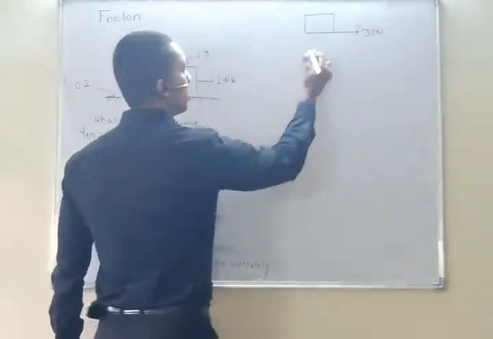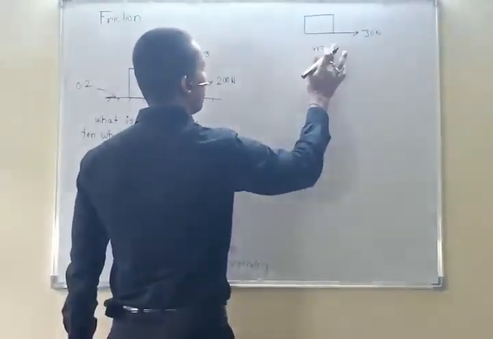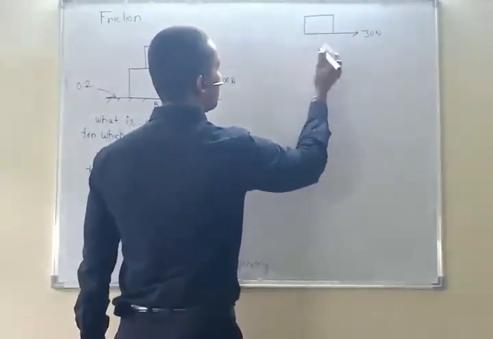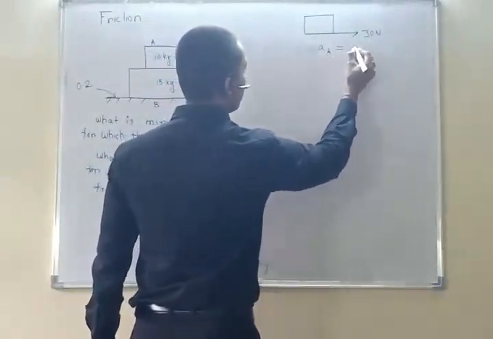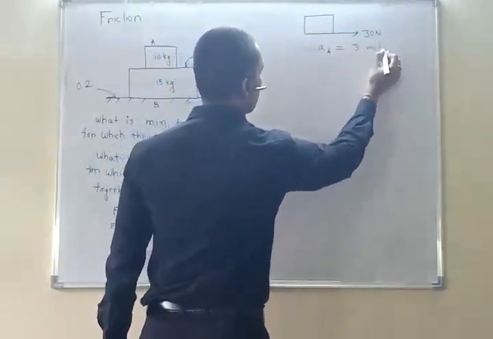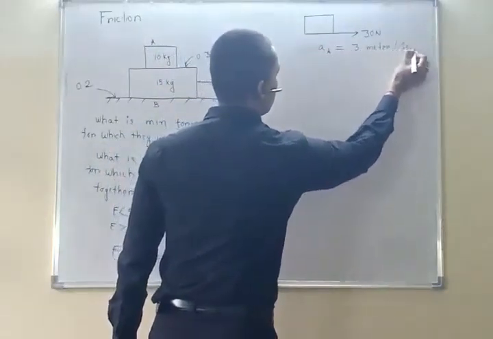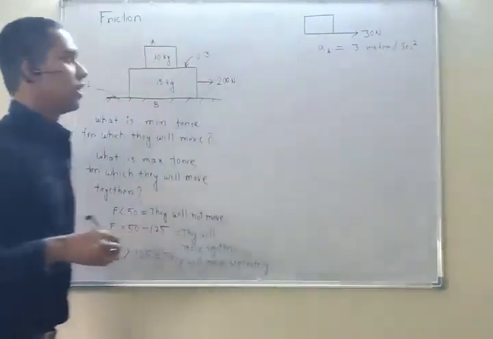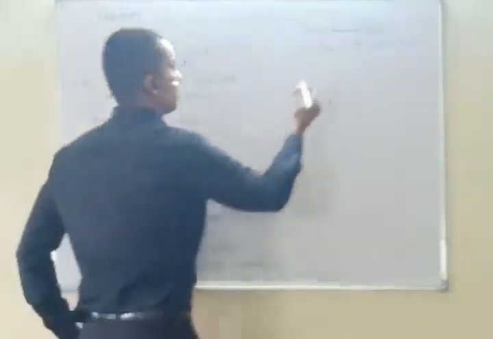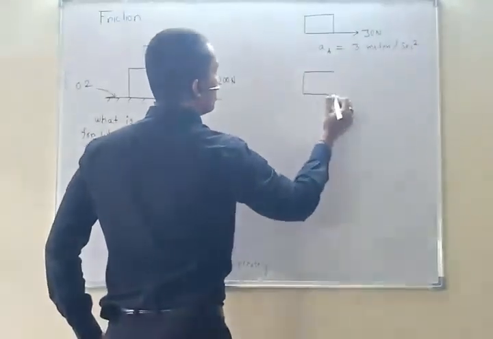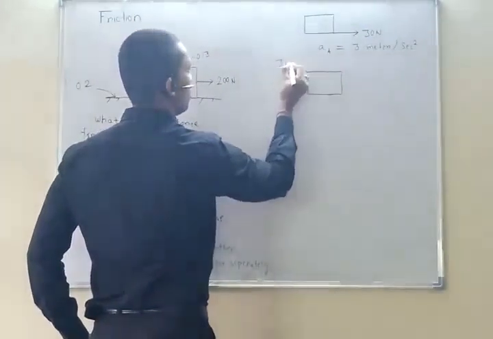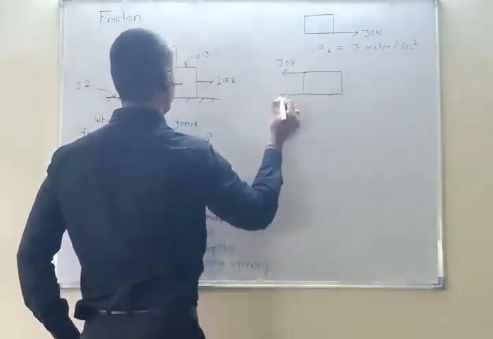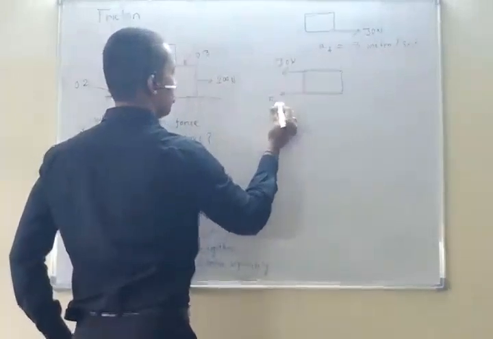We have already seen that the maximum acceleration that A can achieve is 3 meter per second square. In this direction also 30 Newton will be generated, and 50 Newton will be generated.